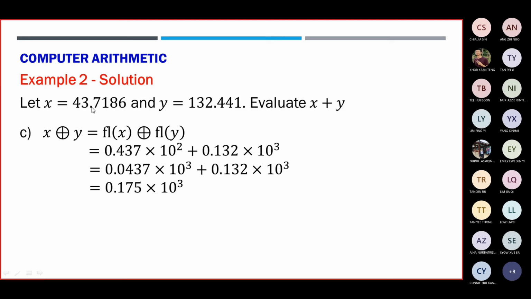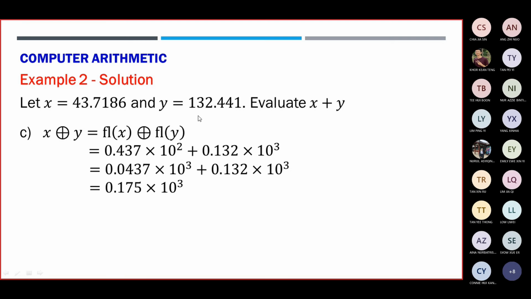First you have to change it into the NDFE form, and then you need to express it in that 3-digit chopping number. So the 3-digit chopping number becomes 0.437 times 10 power of 2.